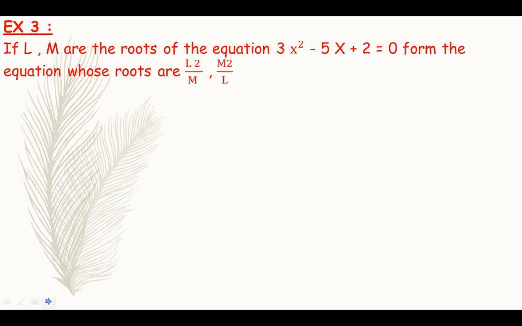Here, if L and M are the roots of the equation 3x power of 2 minus 5x plus 2 equals 0, form the equation whose roots are L power of 2 over M and M power of 2 over L. Okay, let's solve it together.